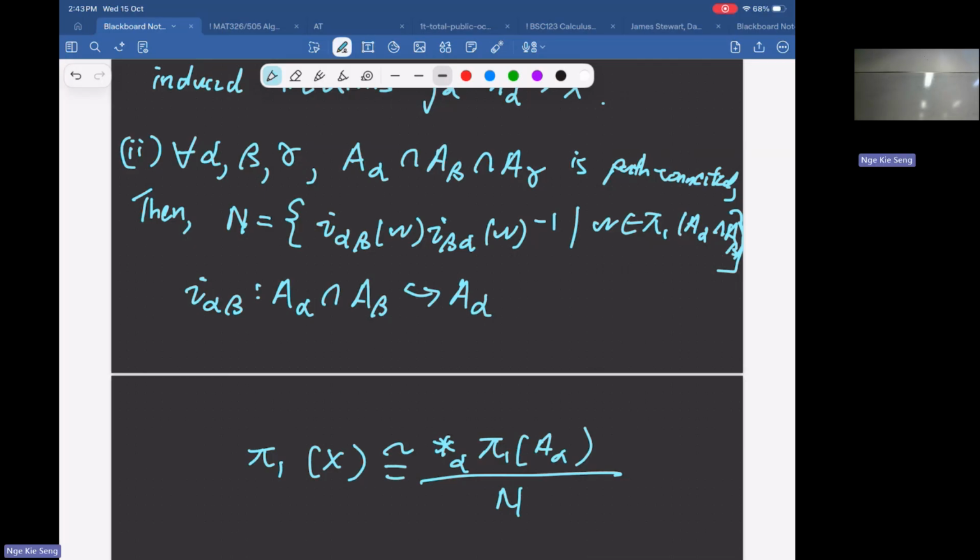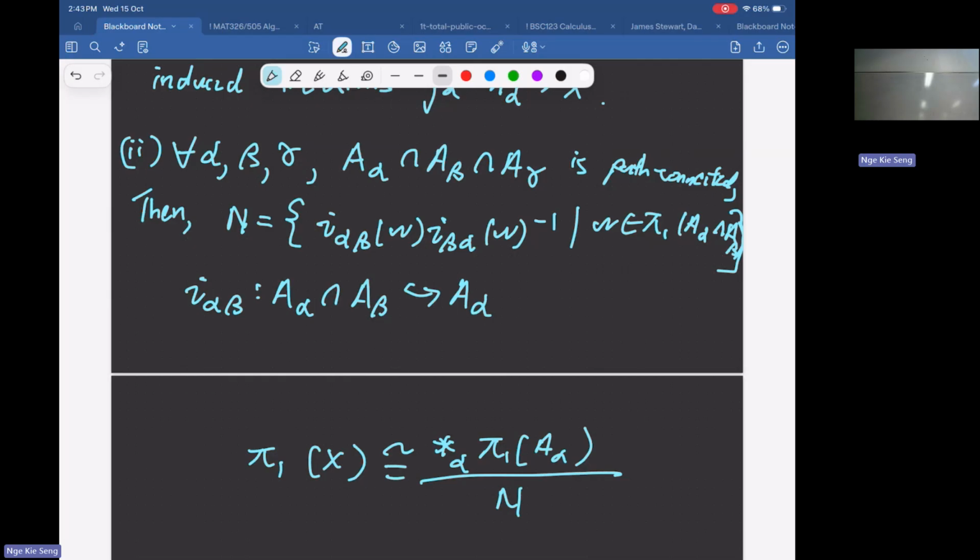Why is it technically different? Because your space is a free product space. One of them I push into A alpha, the other one I push into A beta. So these two cannot combine in a free product.